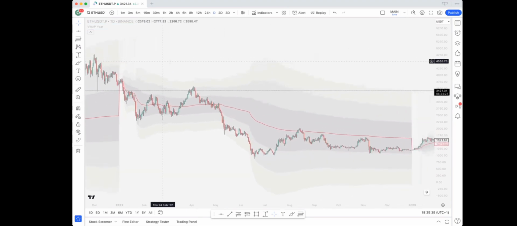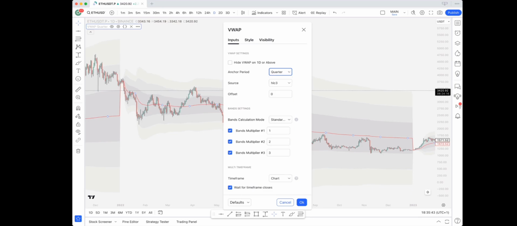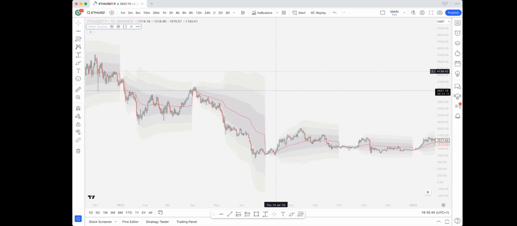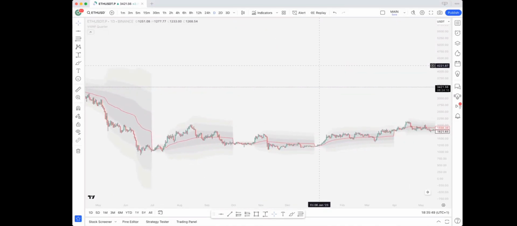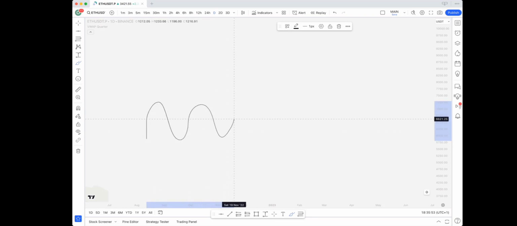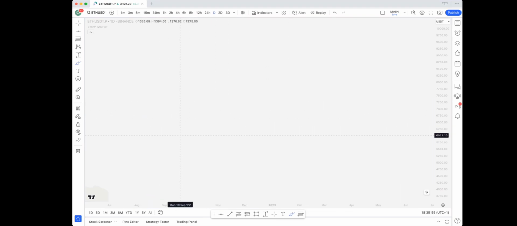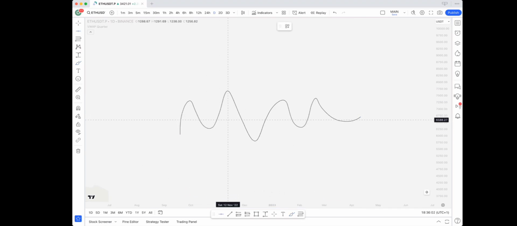I'll go on a slightly lower anchor period here, because Bitcoin rarely ranges for an entire year. A range essentially looks like this, simplified. Just up and down, up and down, up and down, which means that the mean, aka the VWAP, will also stay around the middle.